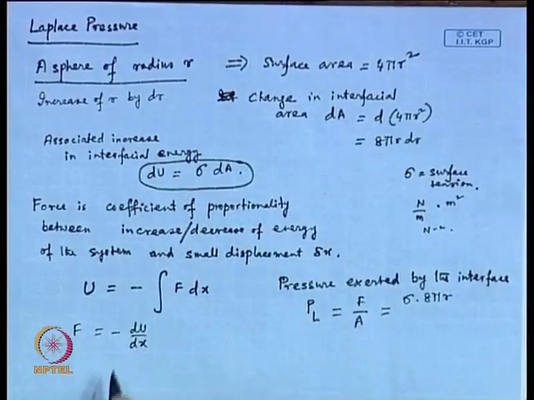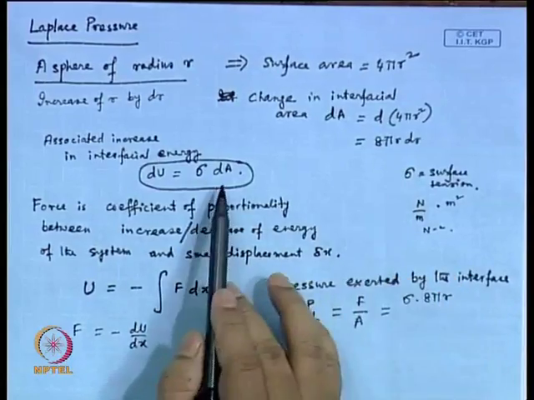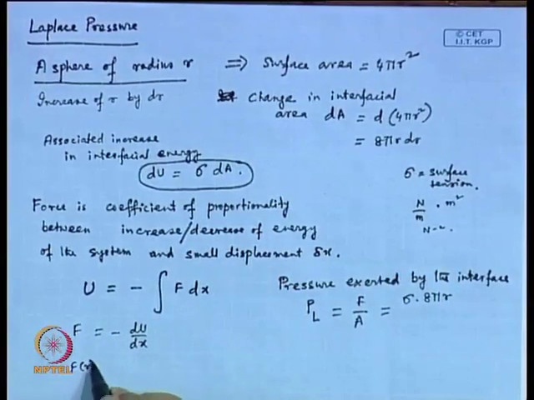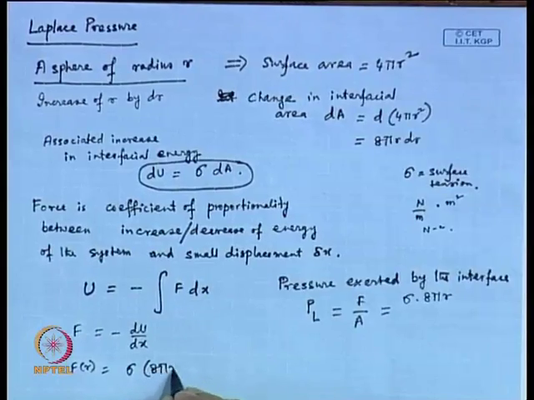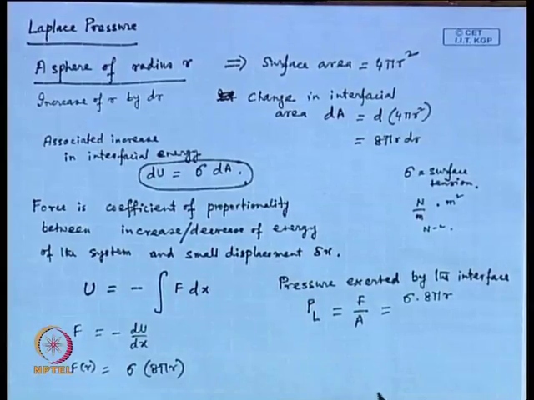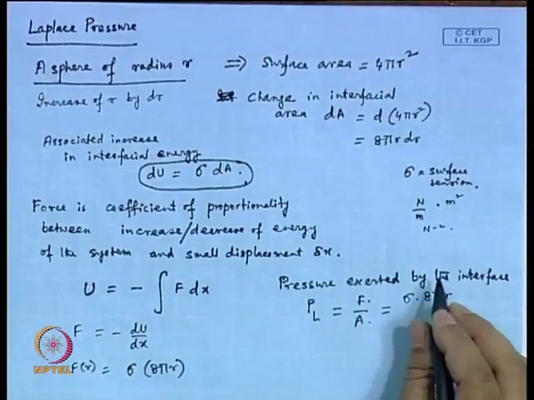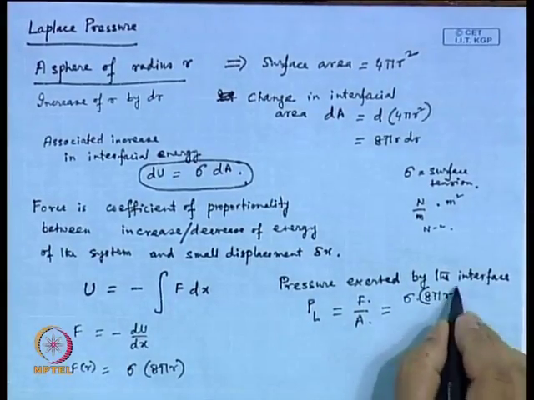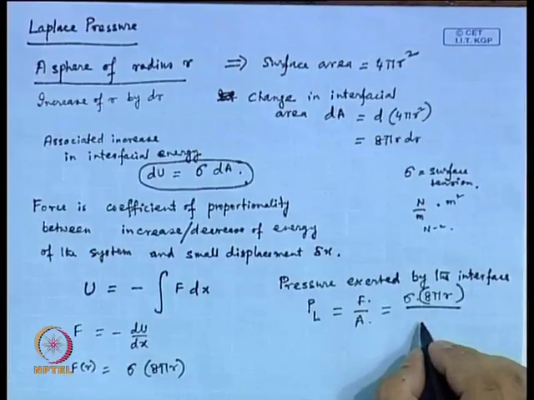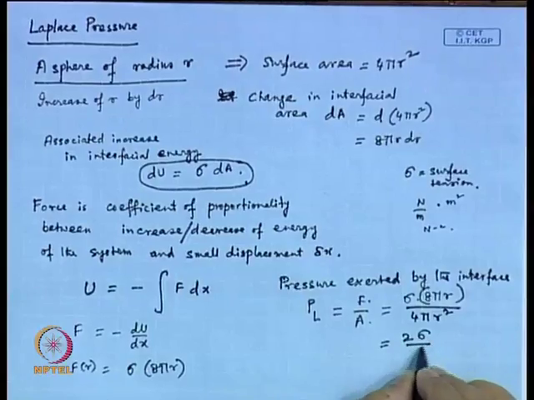That means this is equal to sigma dA dx, right, or dA dr, if you want to write this in r coordinate. If you want to write this Fr, what would be Fr? Fr would be equal to sigma into 8 pi r, from this expression. So in that case PL would be equal to F by A, that means equal to sigma into 8 pi r divided by the area, 4 pi r square, that means equal to 2 sigma by r.